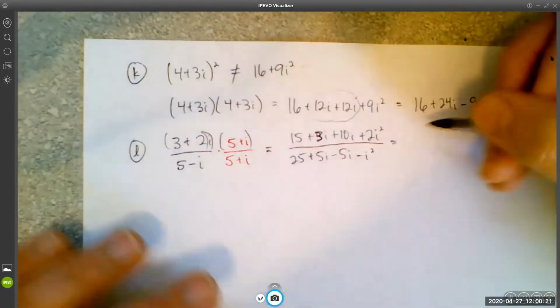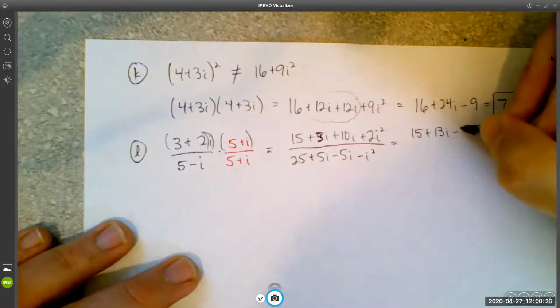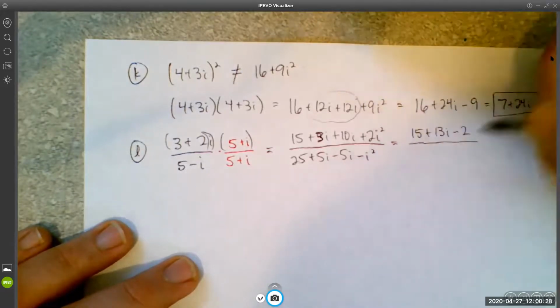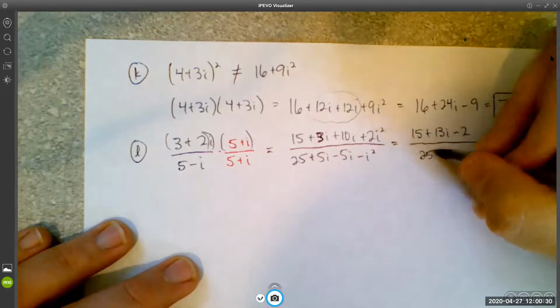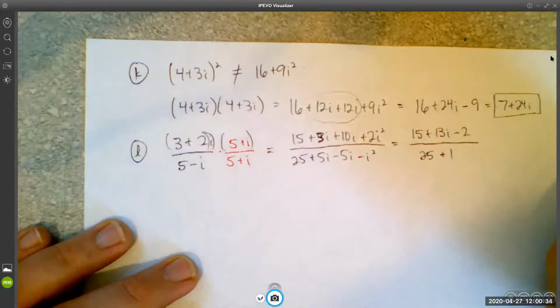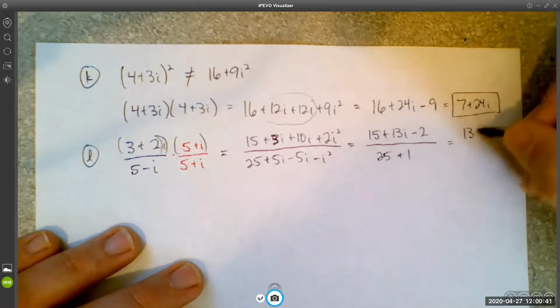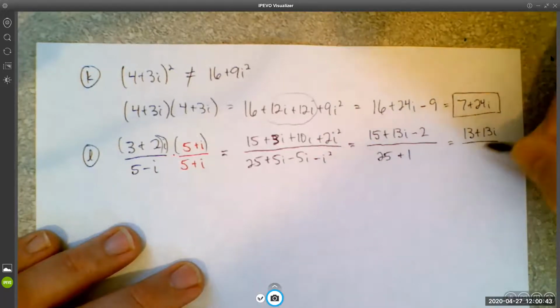So simplifying this now, we've got 15 plus 13i minus 2 over 25, the middle terms cancel, plus 1. And now we're almost there. 15 minus 2 is 13, so we've got 13 plus 13i divided by 26.